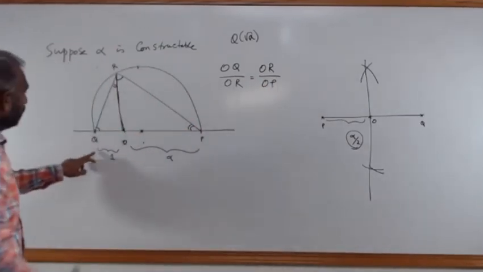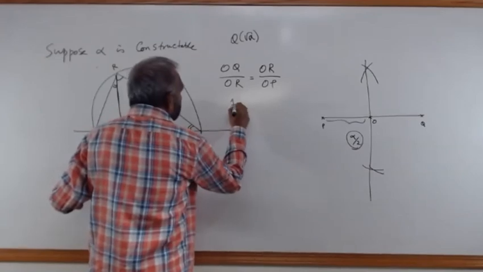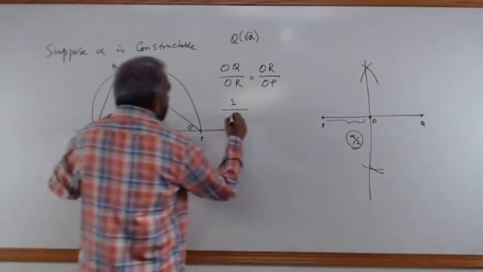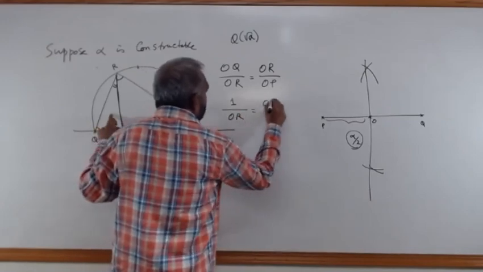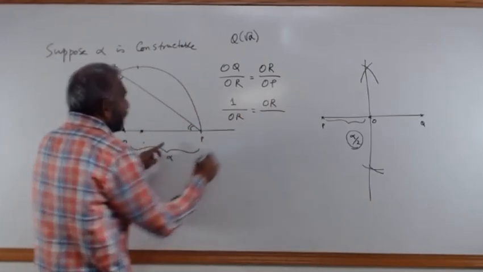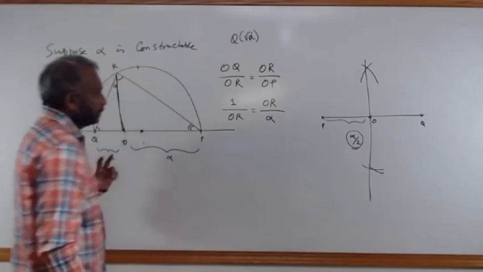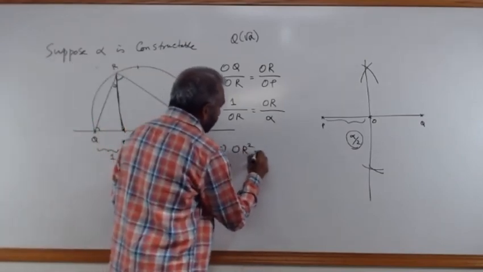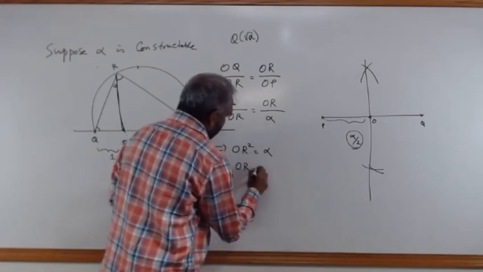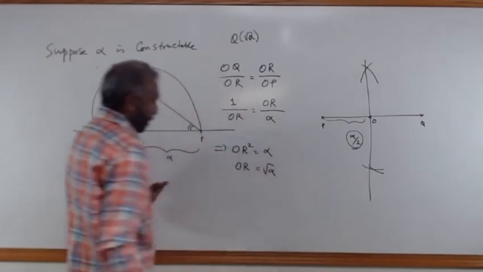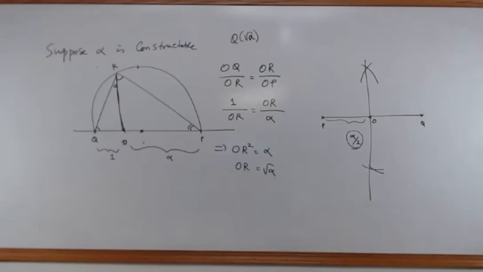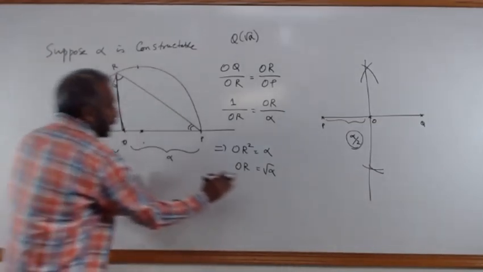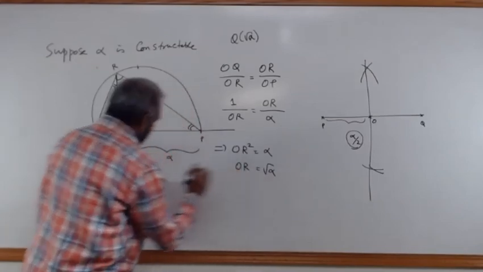What is OQ? OQ is equal to 1. What is OR? We don't know. What is OP? Alpha. This means OR square equals alpha, OR is equal to root alpha. So that means if you know alpha, you can construct root alpha.